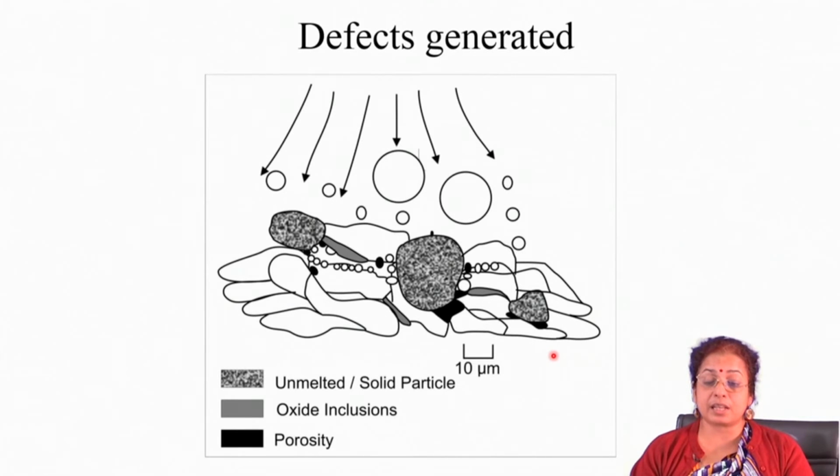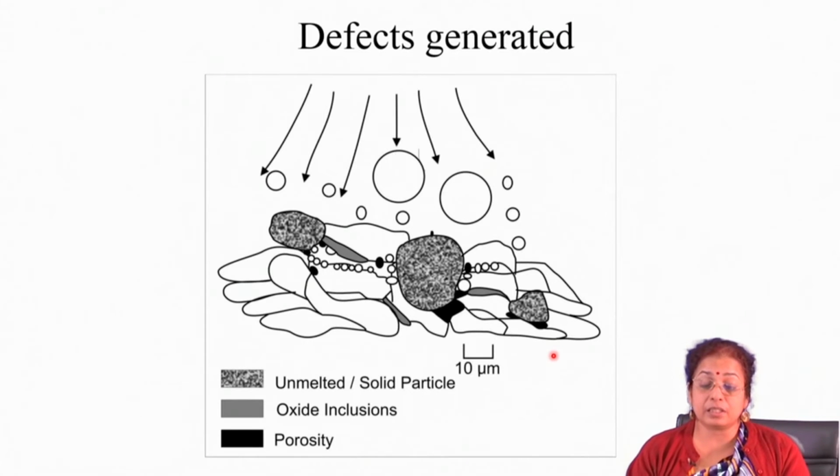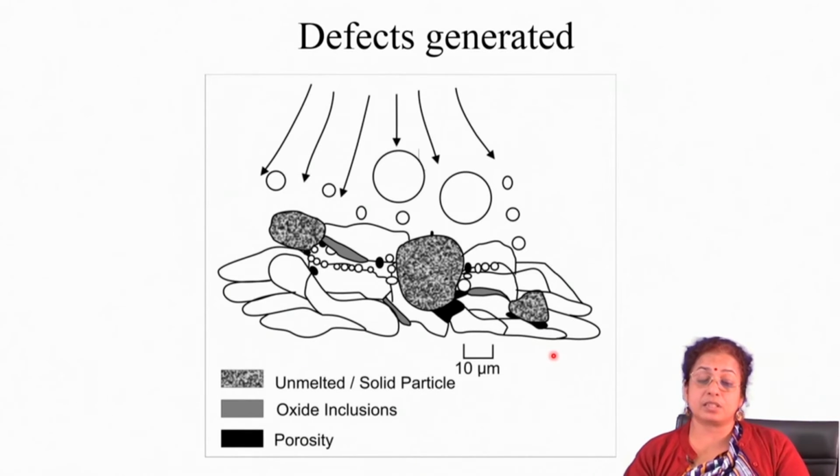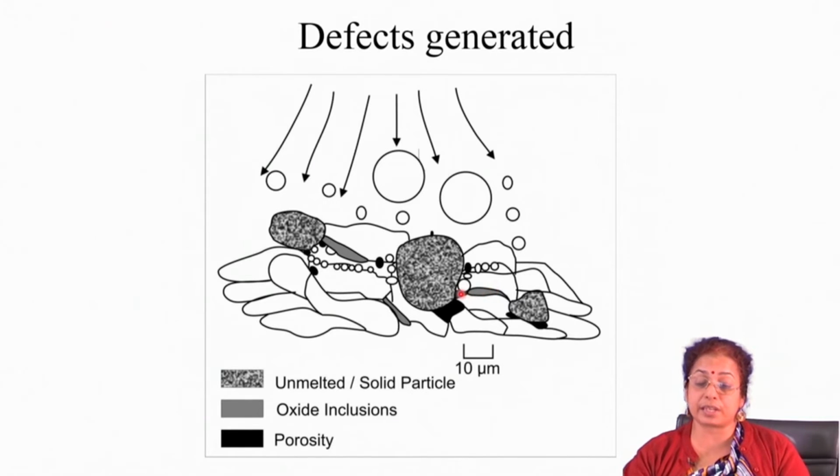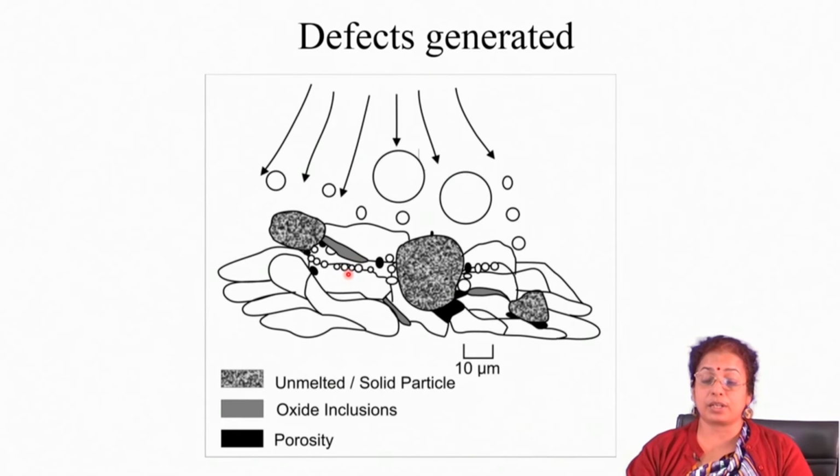If you think carefully about the reason behind the defect generation, you will find that it is the oxide particles, because this is carried out in an open environment. So, a lot of oxide particles are there, which create trouble. There is also another source of defects, that is blowholes, which arise because the gaseous material you are using gets trapped in the coated layer when it is molten, and when it solidifies the gas cannot come out.